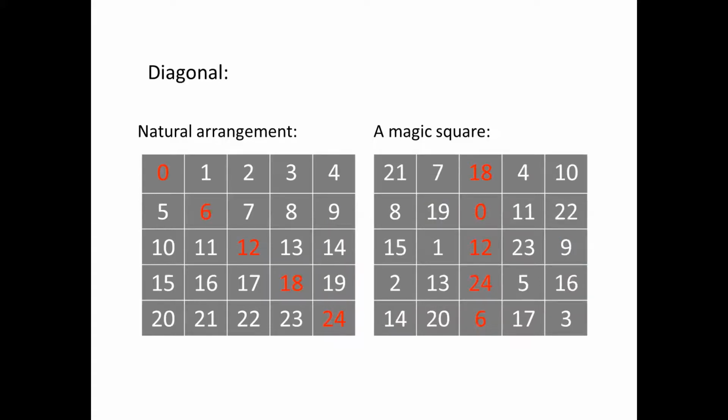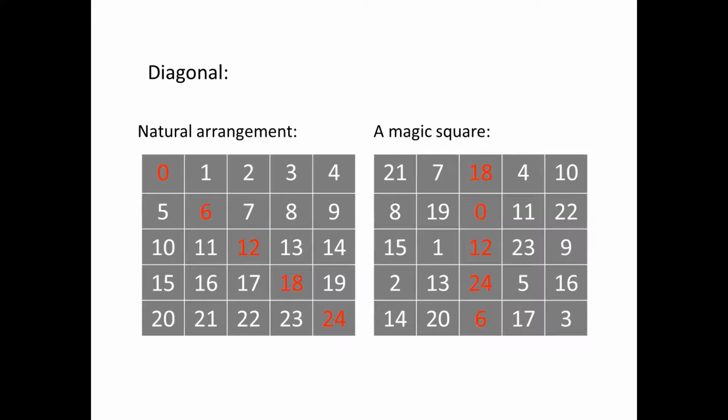After that, we look at the pattern for the diagonal. 0, 6, 12, 18, and 24. So in the natural arrangement, they are in different rows and different columns. So we don't need them to be in different rows or columns in the magic square. So this is no longer related. But we want to look at the pattern. 0, 6, 12, 18, 24.